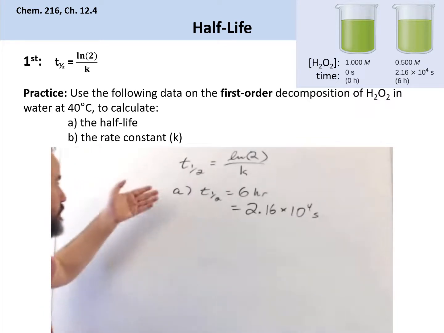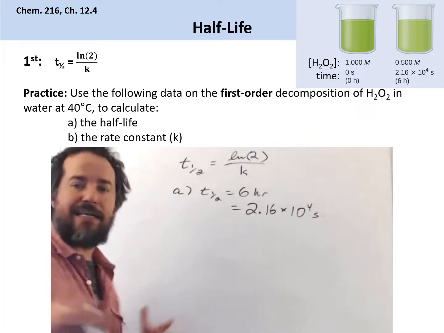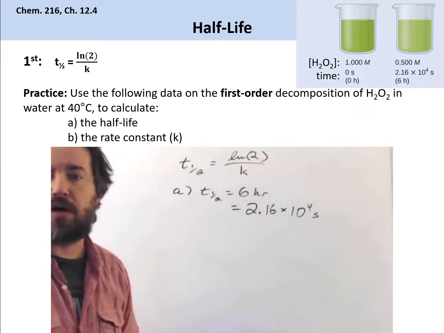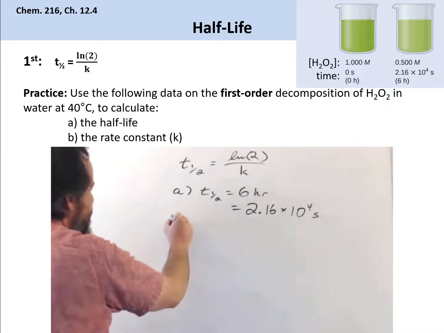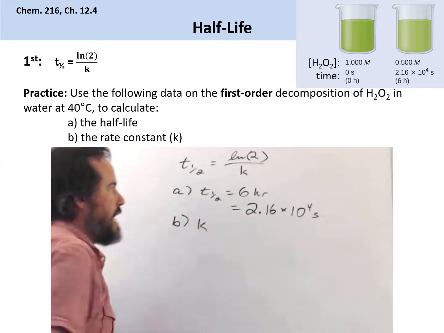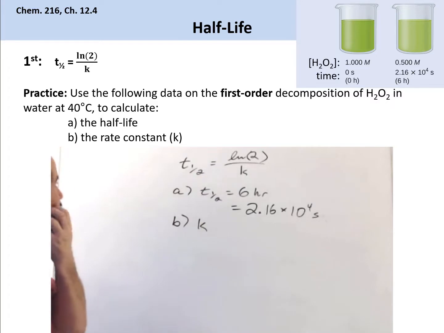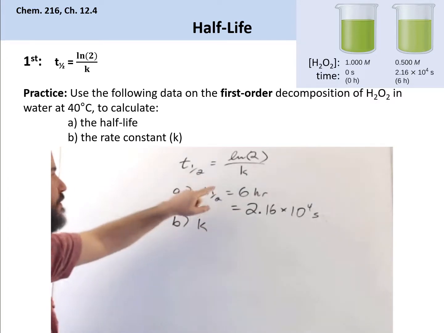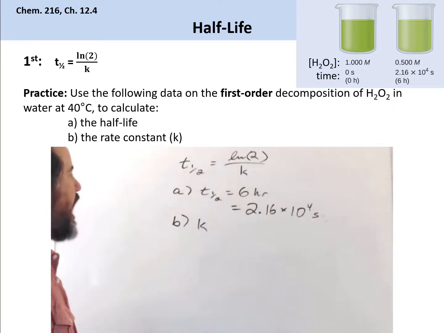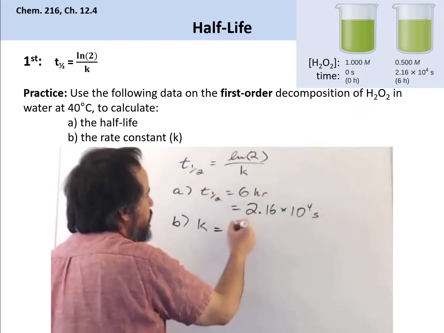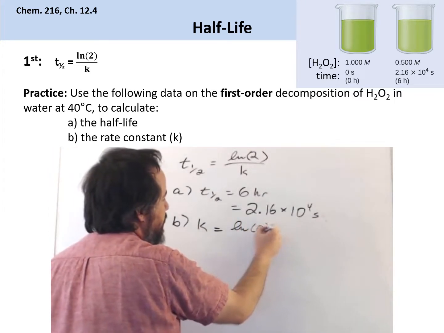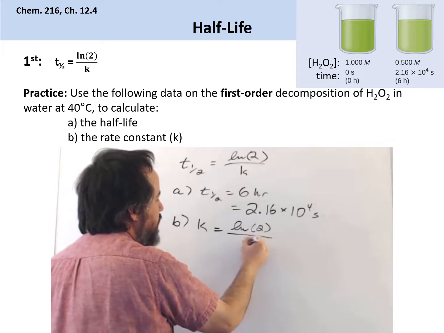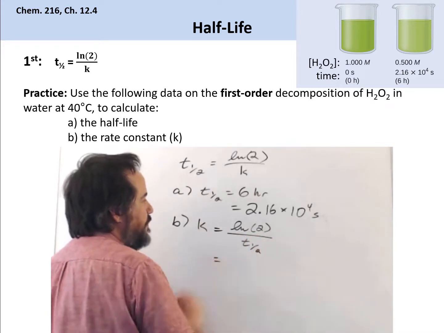Which one I use depends on the circumstances, and we'll talk about that in a little bit. All right, so in B, if I want to figure out K, I can use this equation. Previously we used K to find half-life, but now I can rearrange this and say that K is equal to ln2 over my half-life.